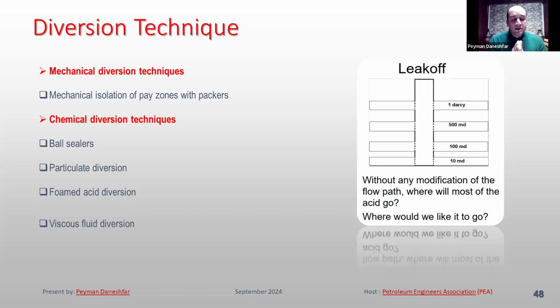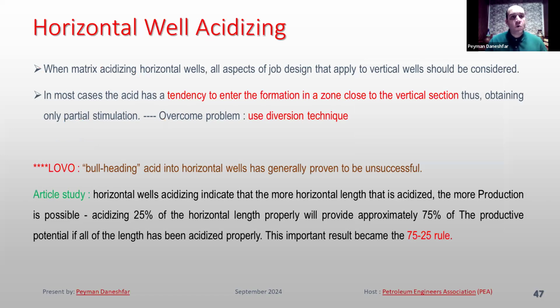In most cases, the acid has a tendency to enter the formation in a zone close to the vertical section, thus obtaining only partial stimulation. To overcome this problem, we use a diversion technique.